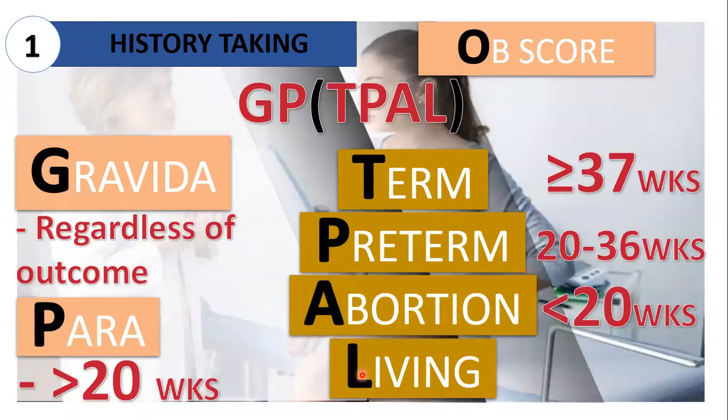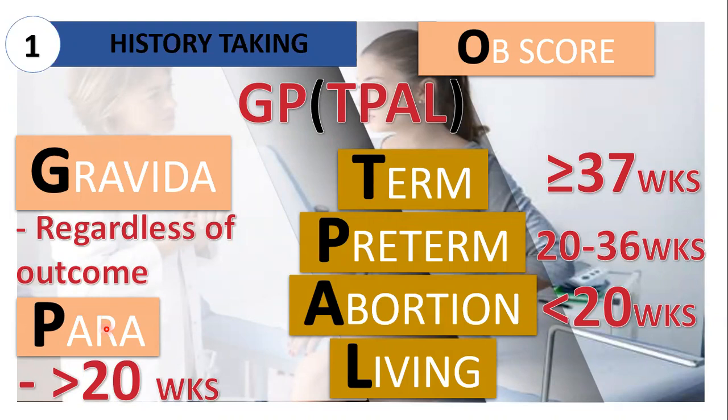As for OB score, we also have another mnemonic, the GPT-PAL. You can see here, G stands for gravida, and this is the number of pregnancies in total regardless of outcome. Okay, take note of that. While P is for para or parity.